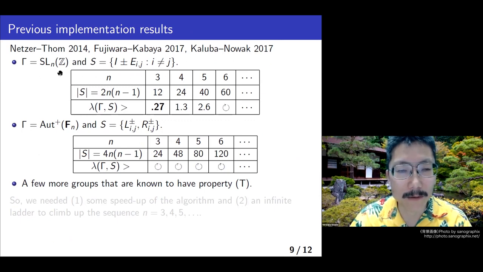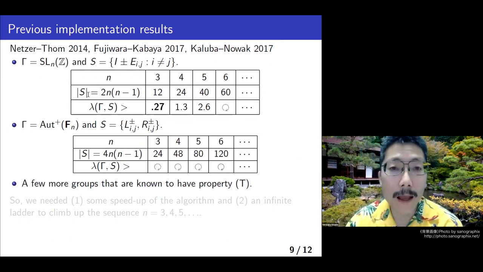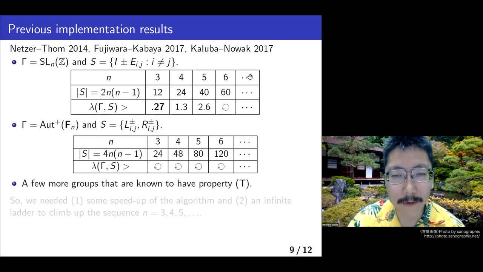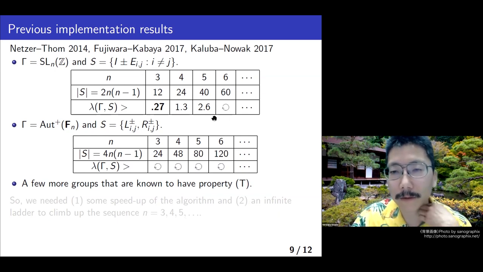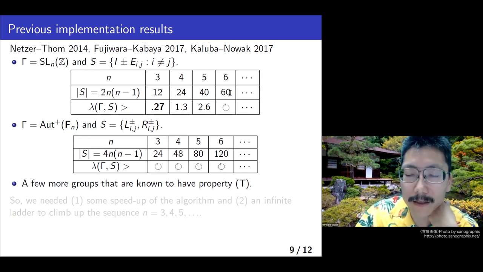They did several other groups other than SLNZ, but I write only on SLNZ, Kaluba, etc. The SLNZ generating set is transvections, ones on the diagonal and only one off diagonal. The computer stored at n equals 6 when generators are 6t. And the Kazhdan constant was like this.